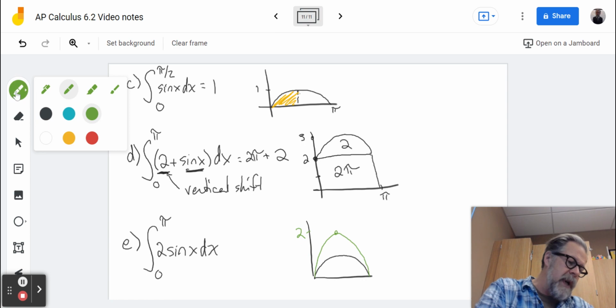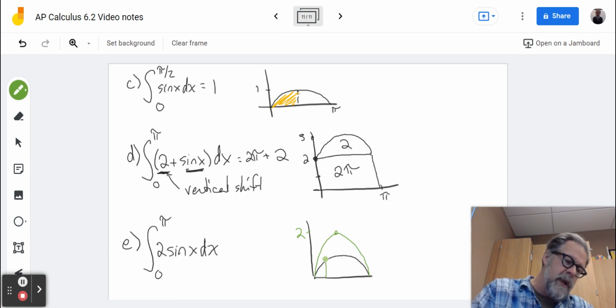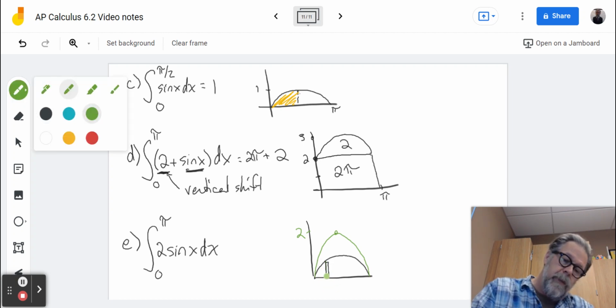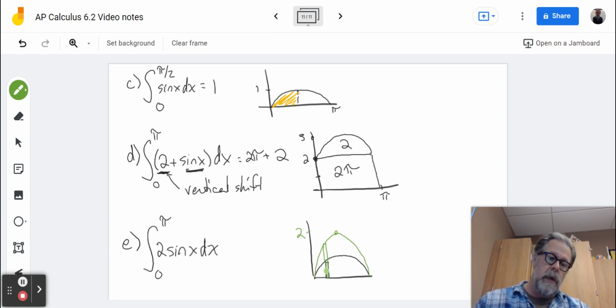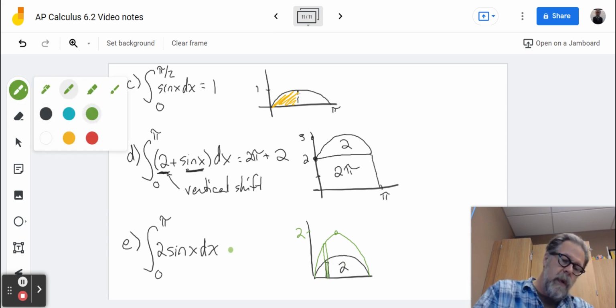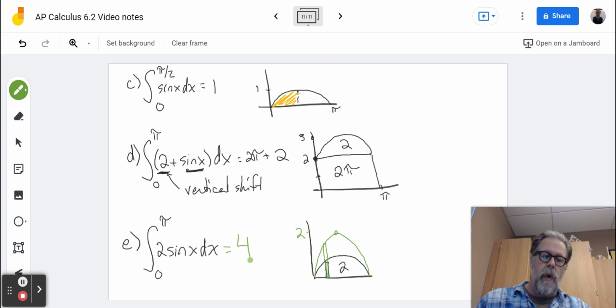Think about what's happening to each of my rectangles. Every single one of my original rectangles is now twice as tall. So if the area of this was 2, the area of the whole thing would have to be 4, because I'm just doubling all my rectangles.